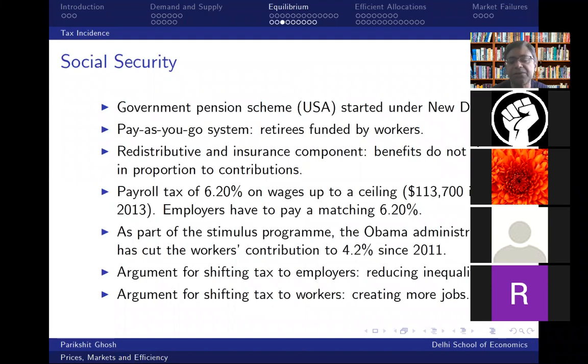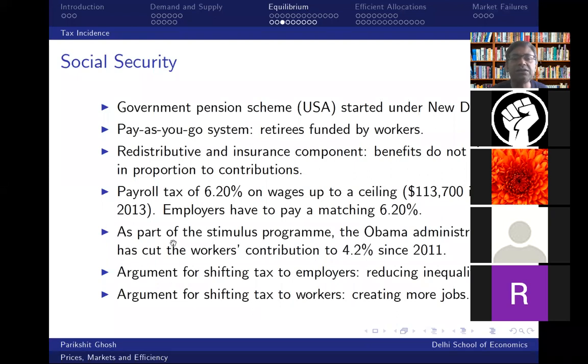So what is social security in the US context? Well, it's basically the public pension scheme. All working Americans have to pay a social security tax. And when they reach 65, they get a pension from the central government, which is tied to their tax contributions, right?